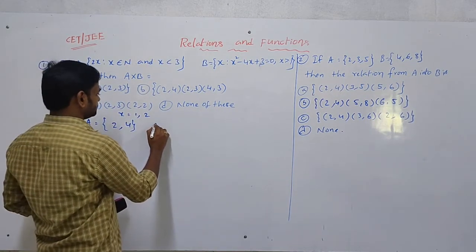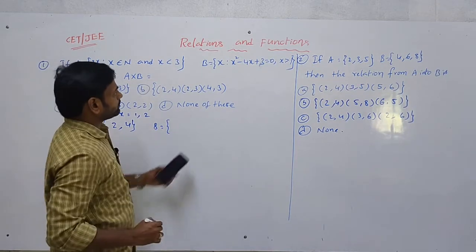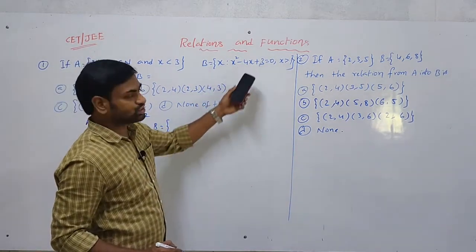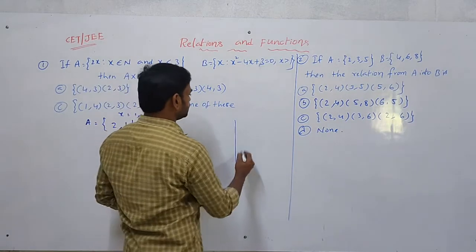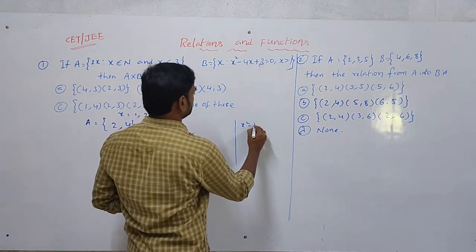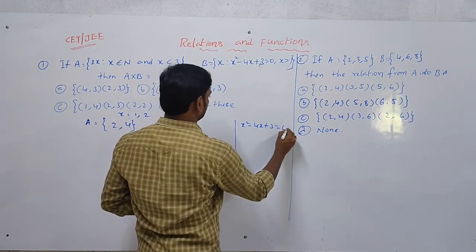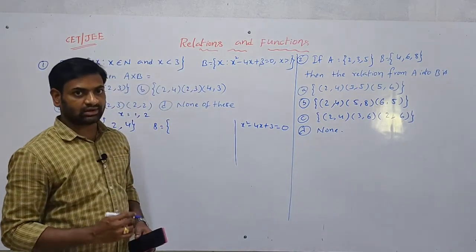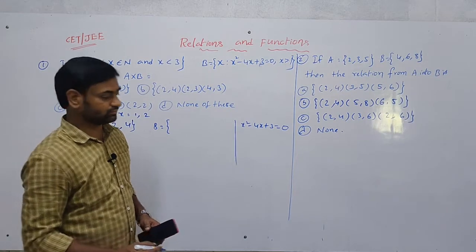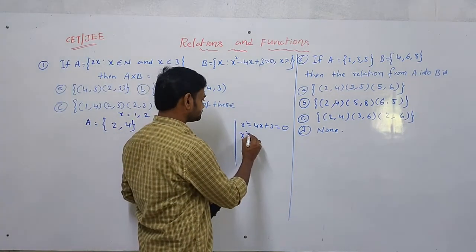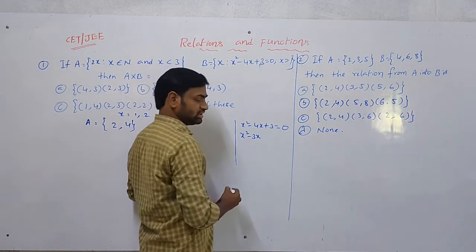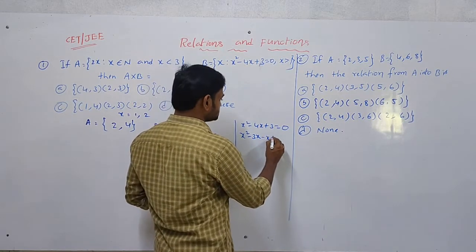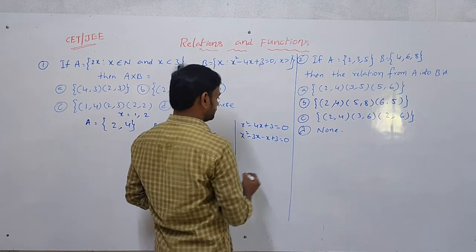Now what is B? B is given by this equation. So how to solve the equation? x squared minus 4x plus 3 equals 0. If you multiply, you have to get 3, and add or subtract, you have to get minus 4. That is x squared minus 3x minus x plus 3 equals 0.